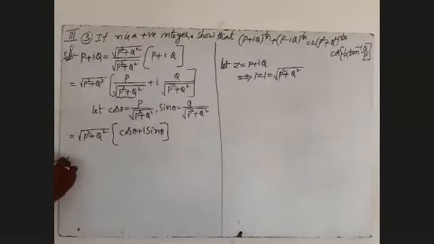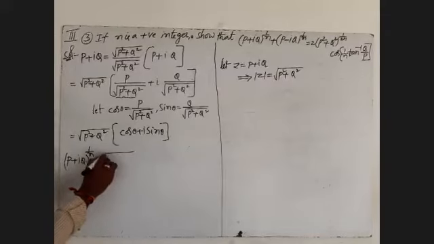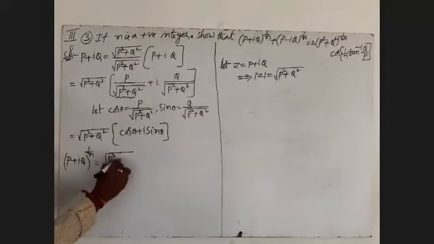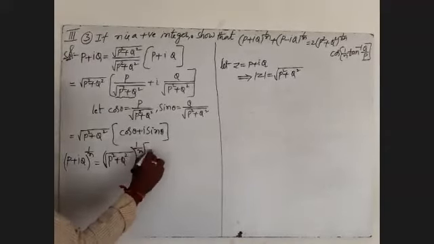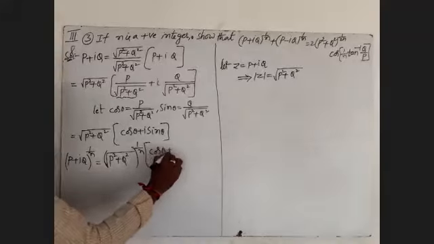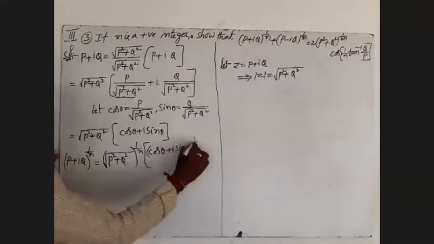But in this problem we have to find p plus iq whole power 1 by n, which is equal to root of p square plus q square whole power 1 by n into cos theta plus i sin theta whole power 1 by n.